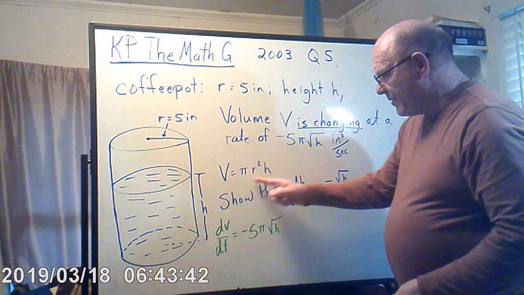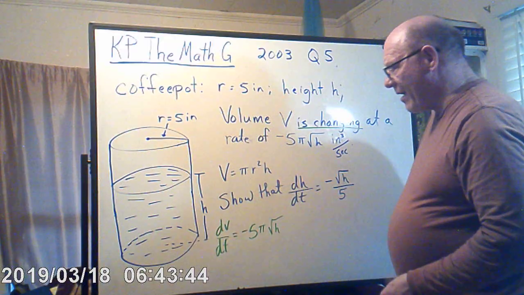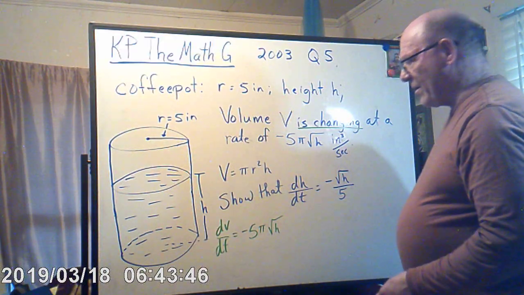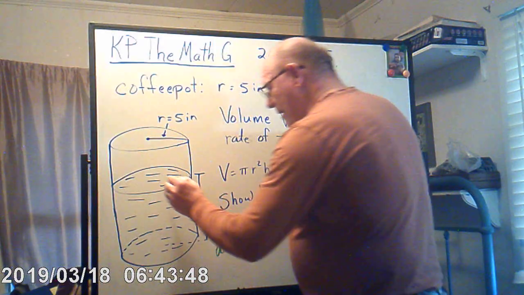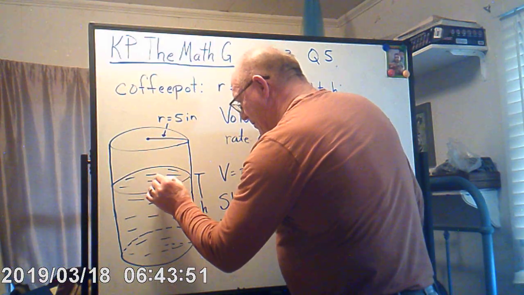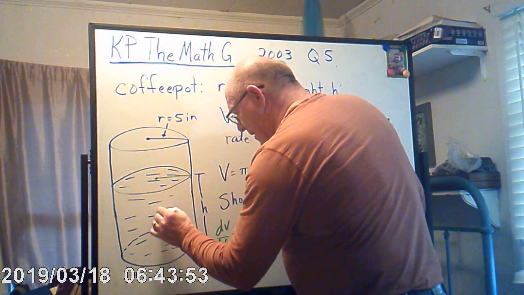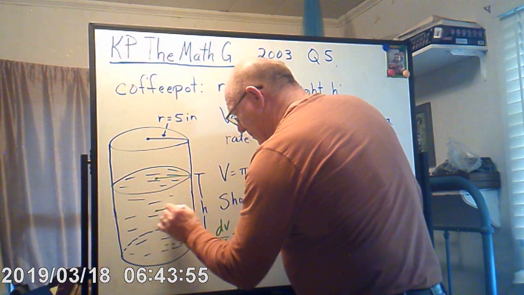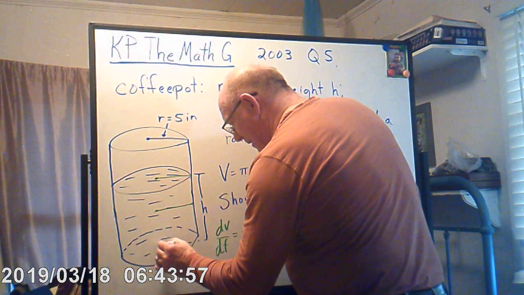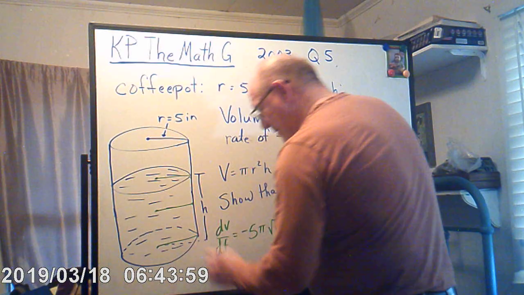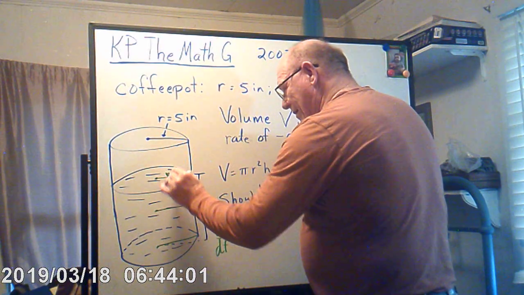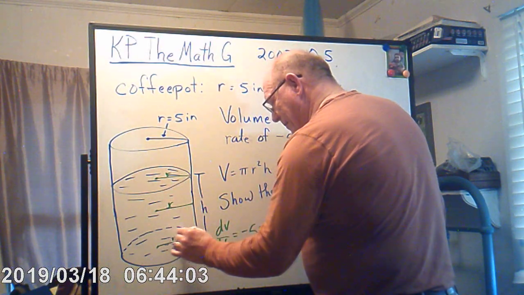So we need to understand a couple things here. What do you know at any rate, wherever this radius is, will that ever change? Will the radius r ever change at all?